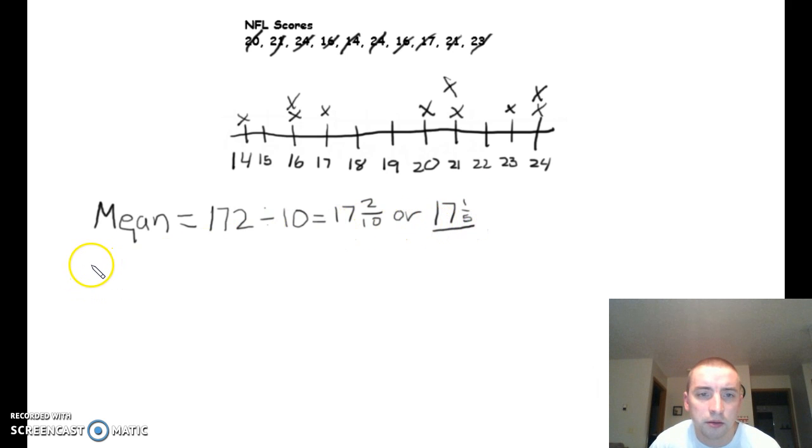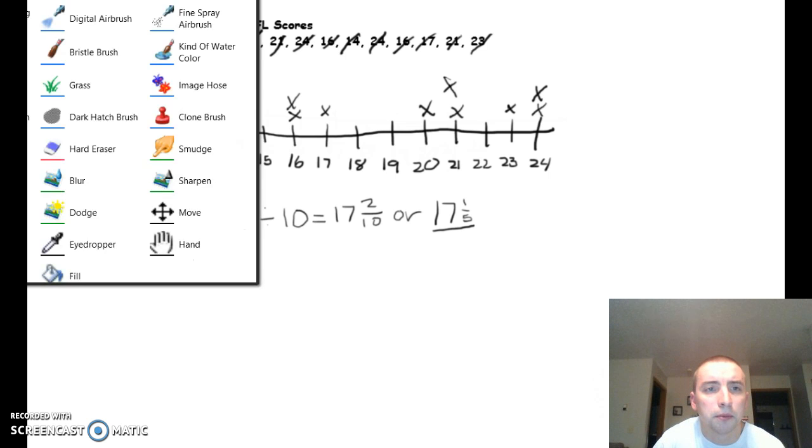Okay. My median is the middle number. And with my median, try to find a highlighter here. Nope, just kidding.